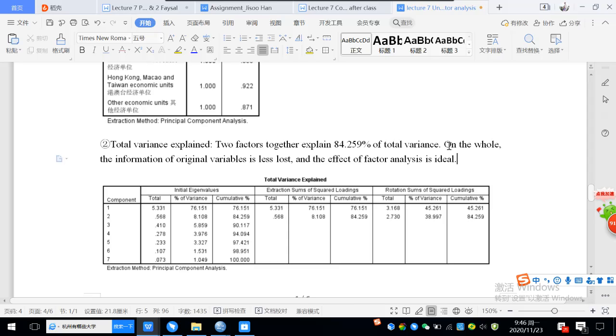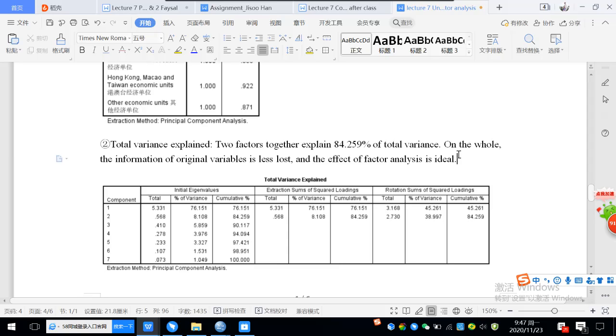Okay, the information of original variables is less lost. The effect of factor analysis is ideal. That's the conclusion of second question.